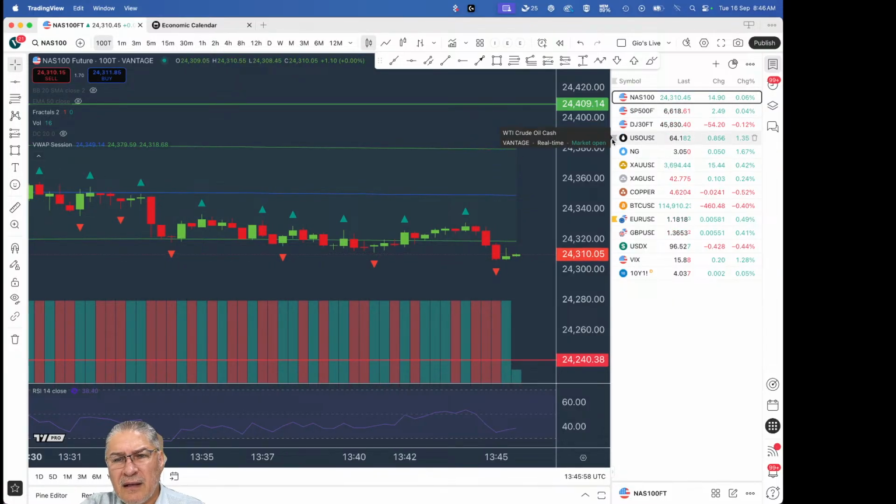Spot NASDAQ 100 giving us a bit of different movements here. 15 minutes. And let's see.